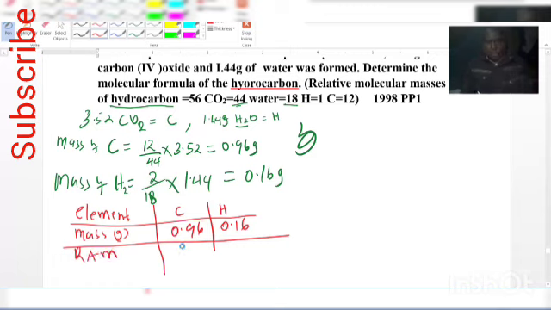For carbon it is 12, for hydrogen it is 1. And then next is moles. Moles here, you divide, this one is going to be 0.08, and this one is going to be 0.16.